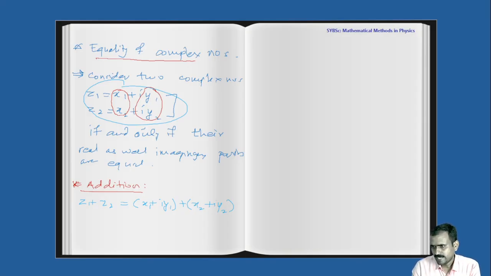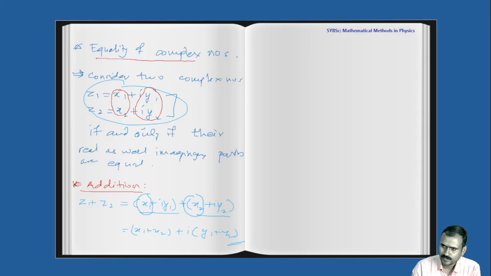By adding the real parts and imaginary parts of these complex numbers we get the addition: x1 plus x2 plus i into y1 plus y2, which means addition of the imaginary parts. So we get the addition of these two complex numbers.